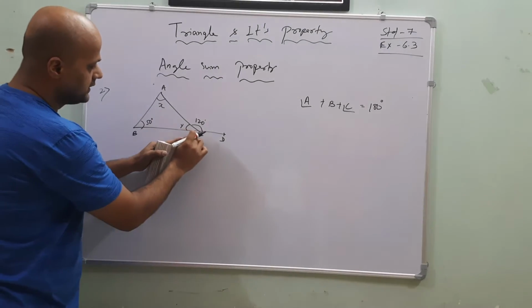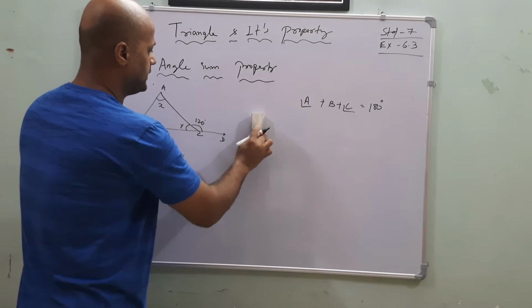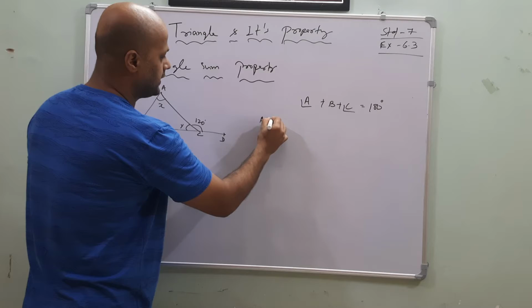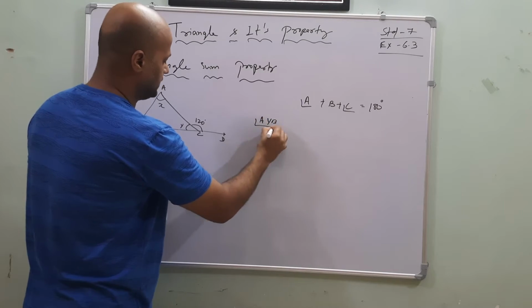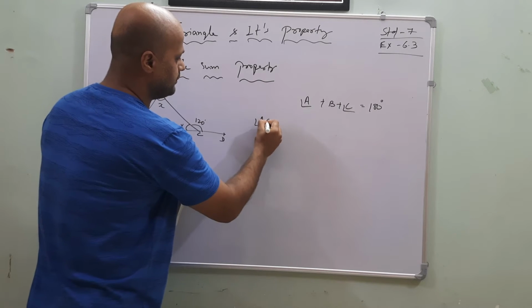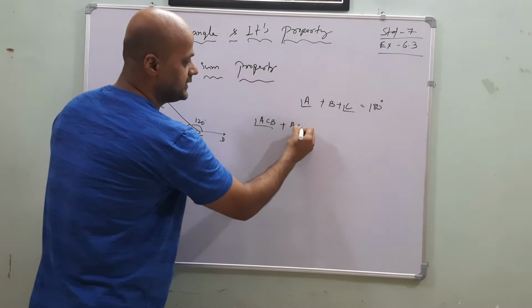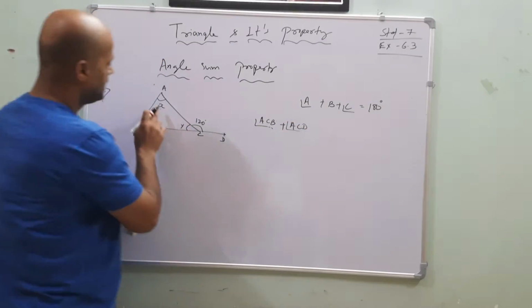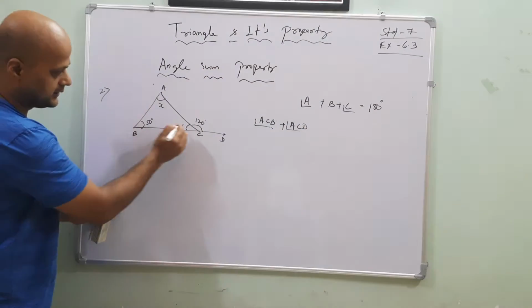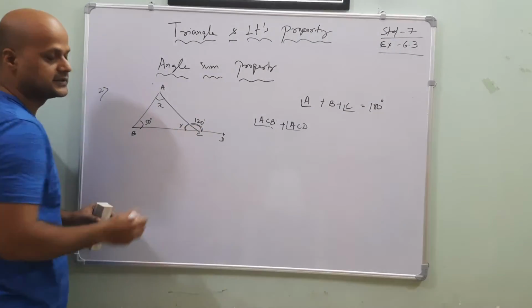Now here it is saying that interior angle ACB plus angle ACD. ACB angle, this angle plus ACD angle, this angle is how much?